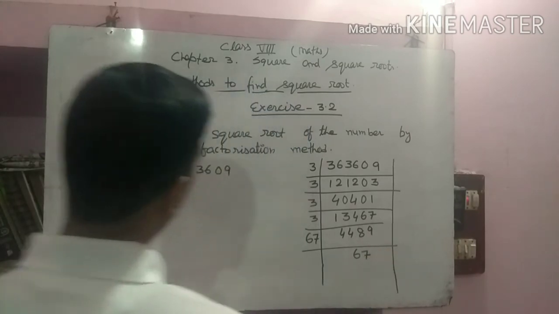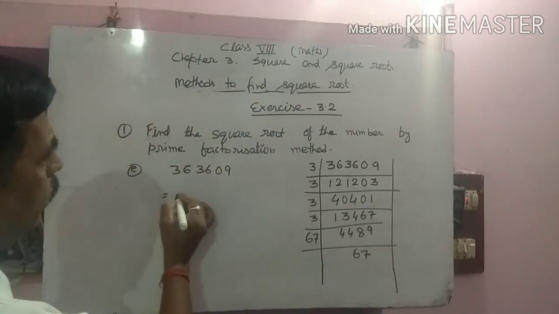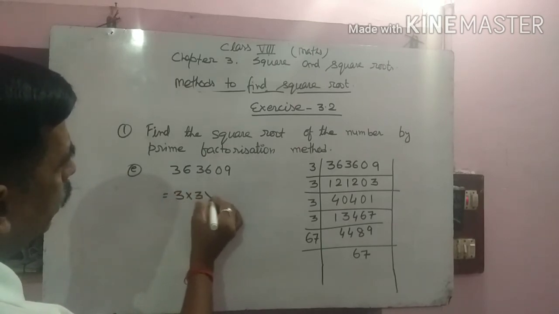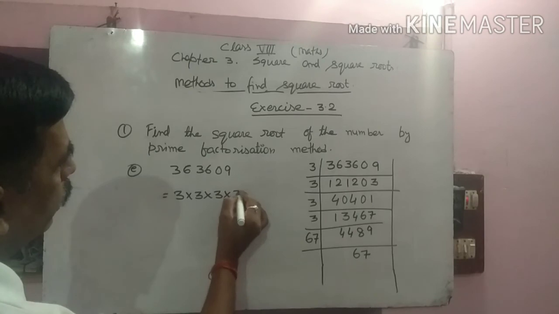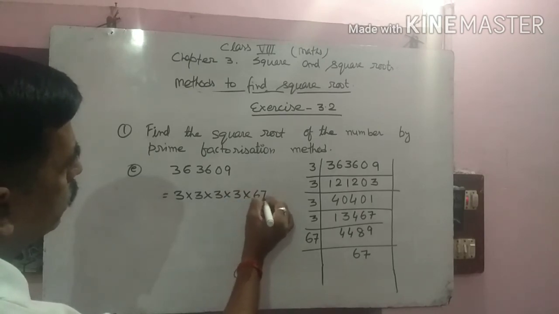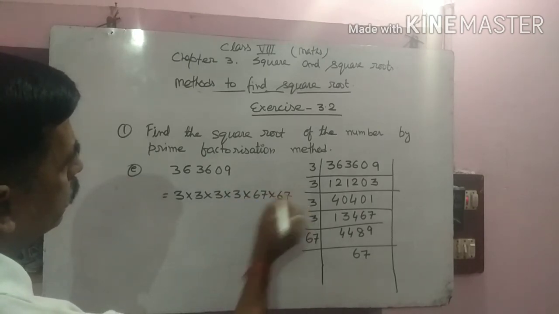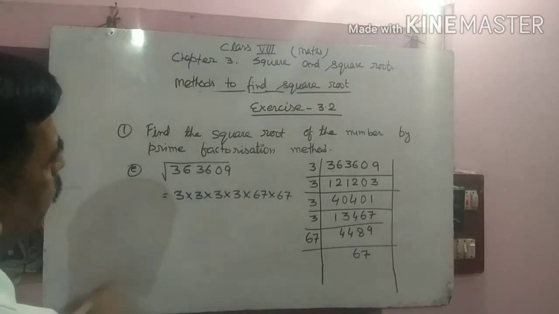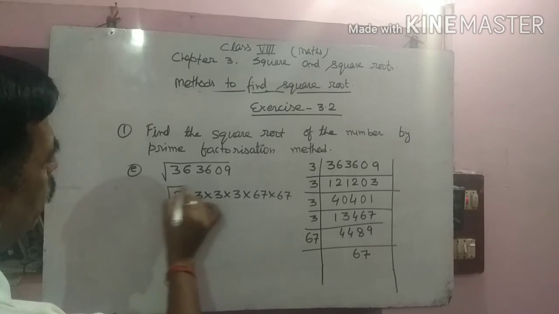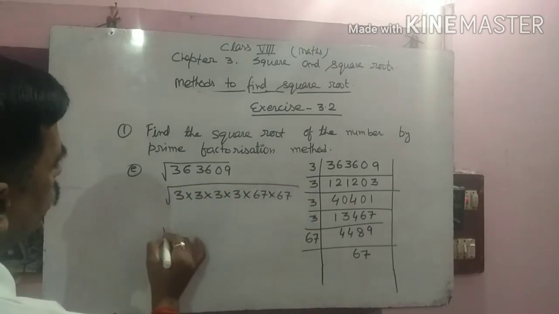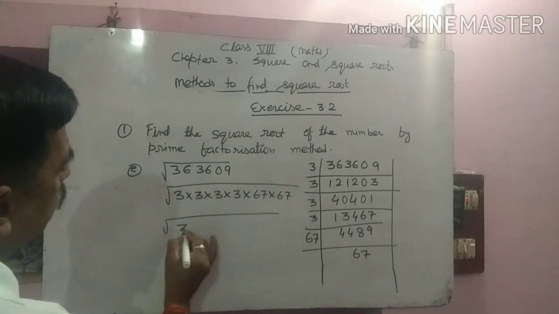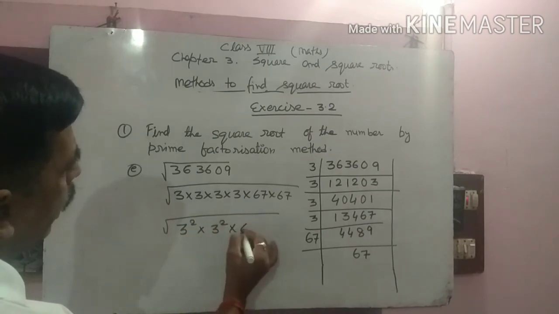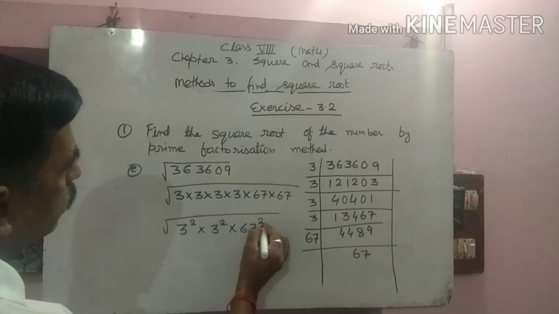67 times 67. Then this number is equal to 3 into 3 into 3 into 3 into 67 into 67. We have to find the square root of that number, so this is under root. Finally we get 3 square, 3 square and 67 square.